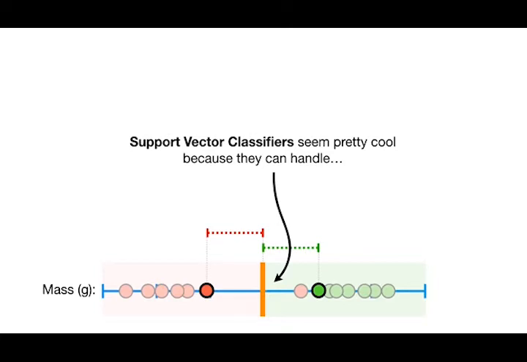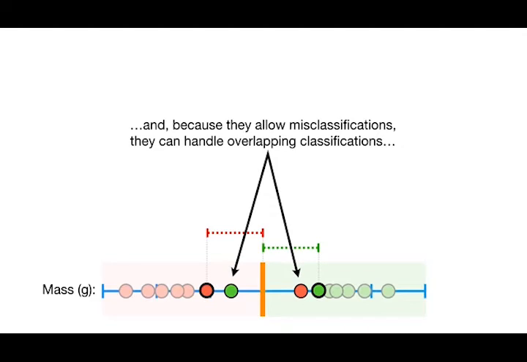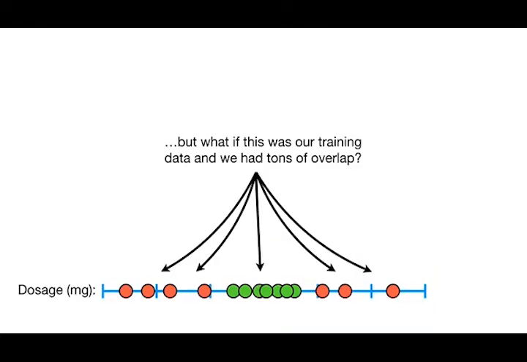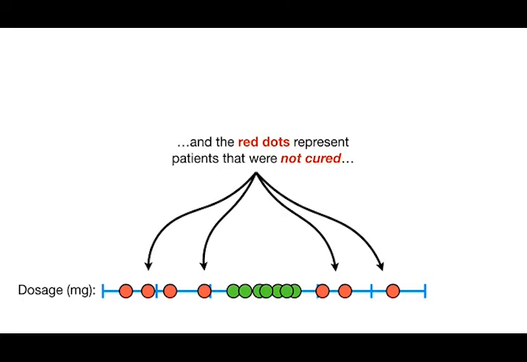Support vector classifiers seem pretty cool because they can handle outliers, and because they can allow misclassifications, they can handle overlapping classifications. But what if this was our training data and we had tons of overlap? In this new example, with tons of overlap, we are now looking at drug dosages. And the red dots represent patients that were not cured.